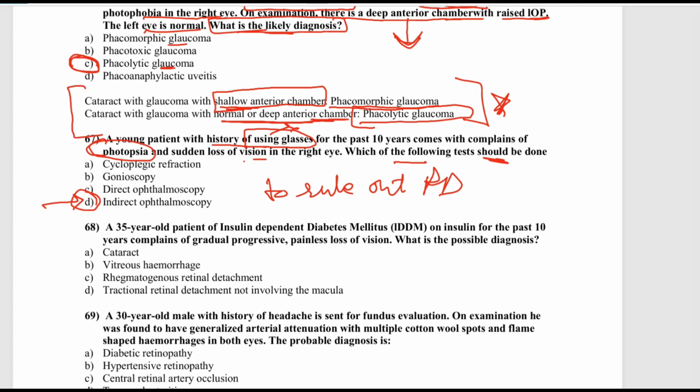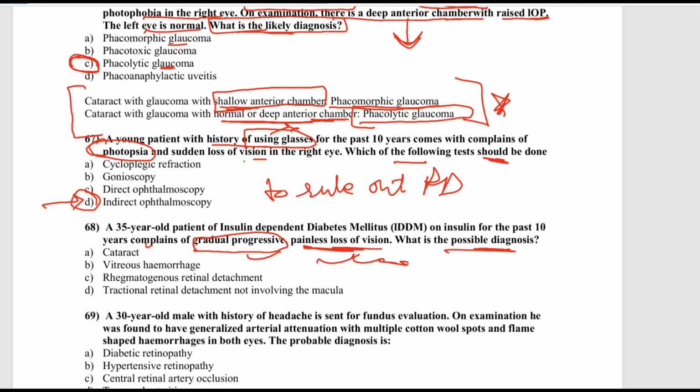The next question is: a 35-year-old patient with insulin-dependent diabetes mellitus, on insulin for the past 10 years, complains of gradual, progressive, painless loss of vision. What is the most probable diagnosis? A diabetic patient on insulin, and the vision loss is gradual, progressive, and painless. That is very important.